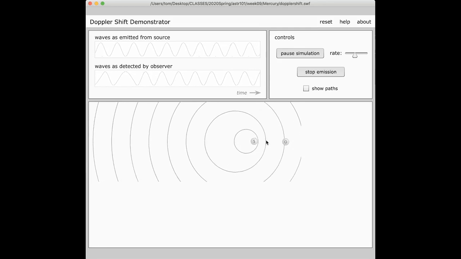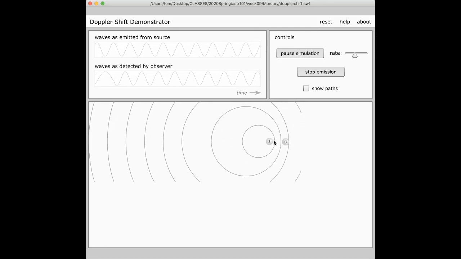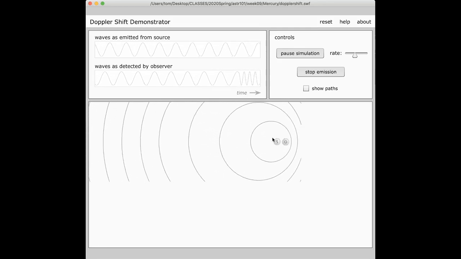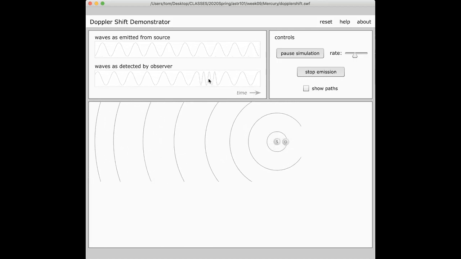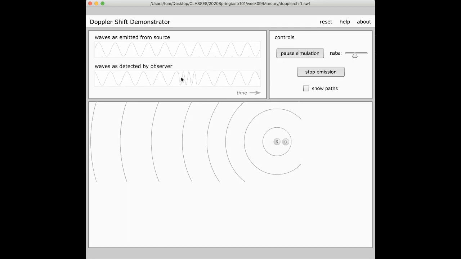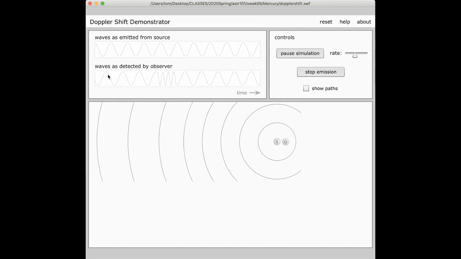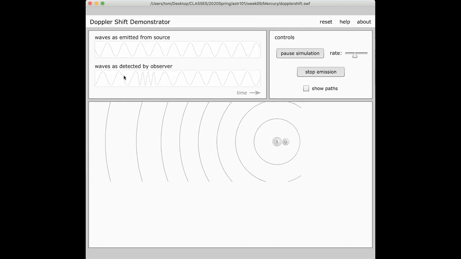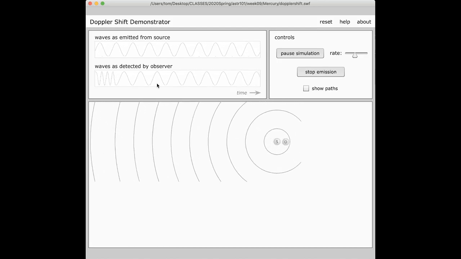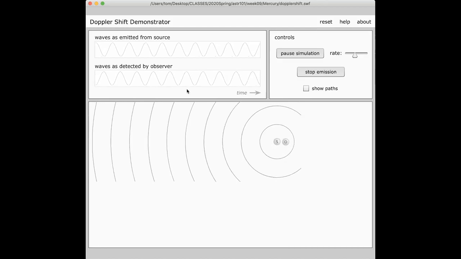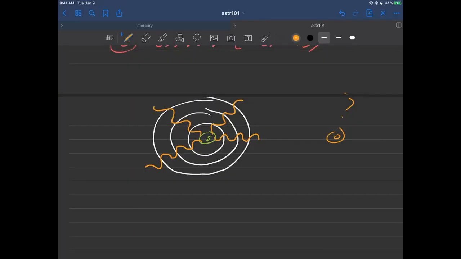So watch up there. You can see right here in this region where I was pushing the source towards the observer, the observer detected these waves at a higher frequency. So there's the bang, bang, bang, bang as we stopped again. So hopefully you see that first effect, and that's the first thing I'd like to tell you about the Doppler effect.